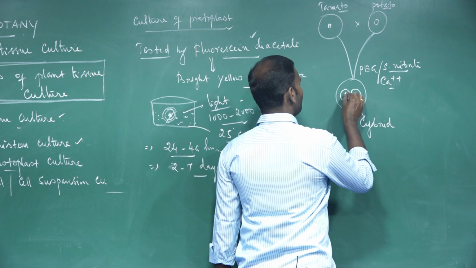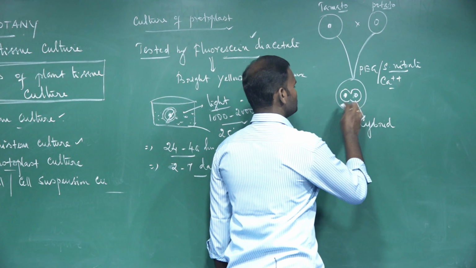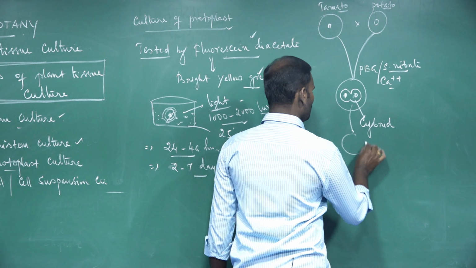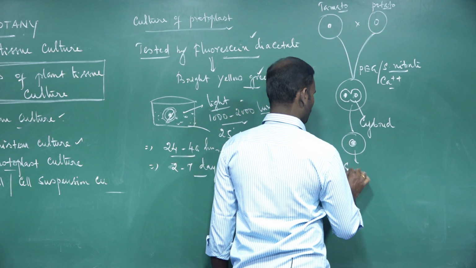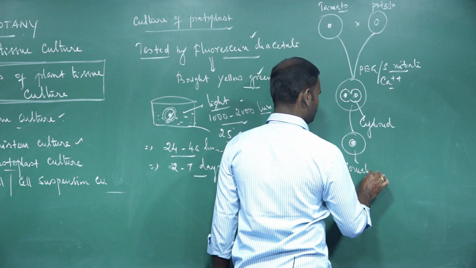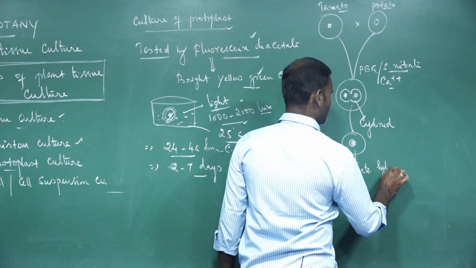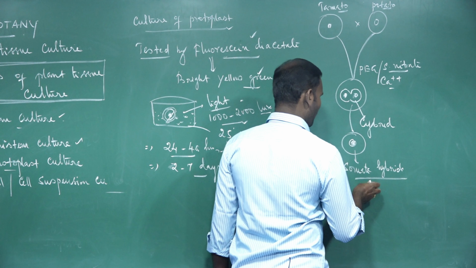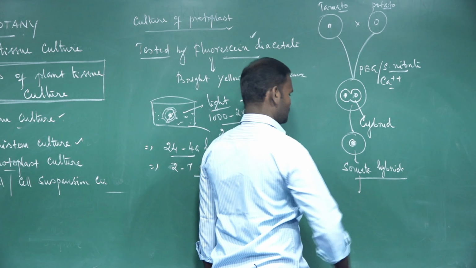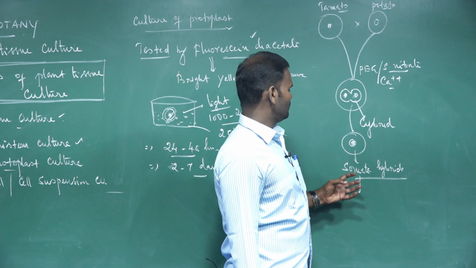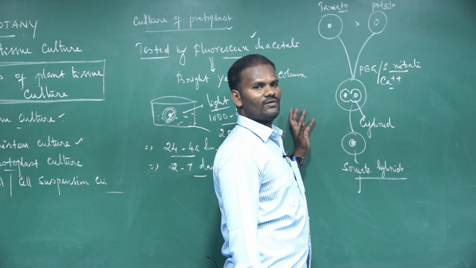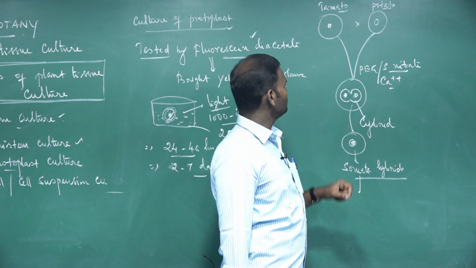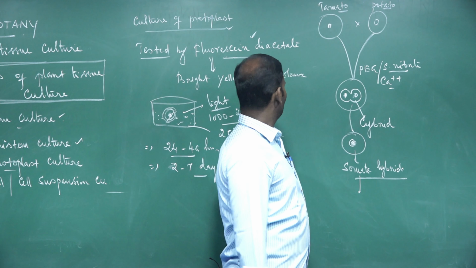Two nuclei are there, followed by nuclear fusion. These are called somatic hybrids. Now the somatic hybrids are selected and developed into a new plant body, as obtained from the explant. This is the culturing of protoplasts.